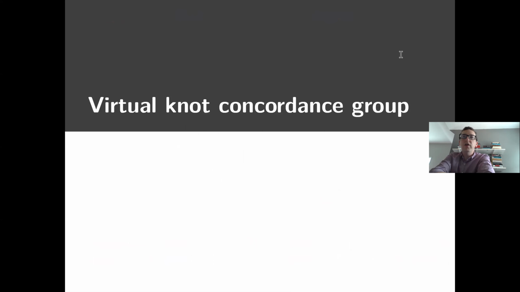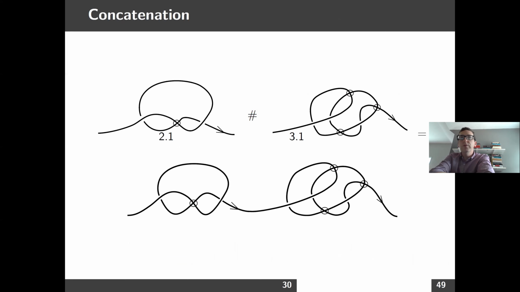Okay, so let's talk about our second application for a little bit, the virtual knot concordance group. So here we have two long virtual knots. So a long virtual knot is just a long knot where we allow both classical and virtual crossings. Here we're giving 2.1 and 3.1 exactly the words as they appear from Green's table. And in concatenation, we just take one of the knots and we continue on with the other knot.